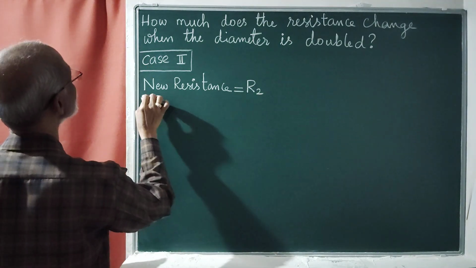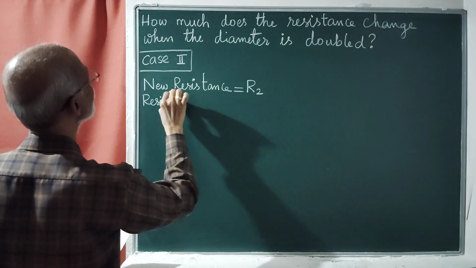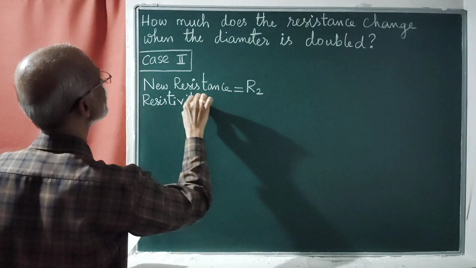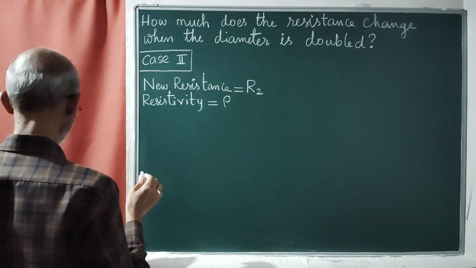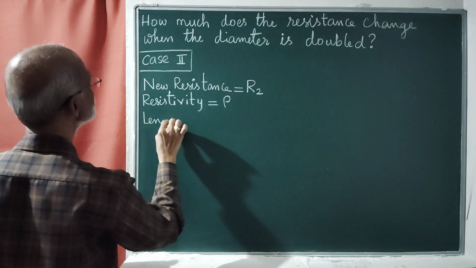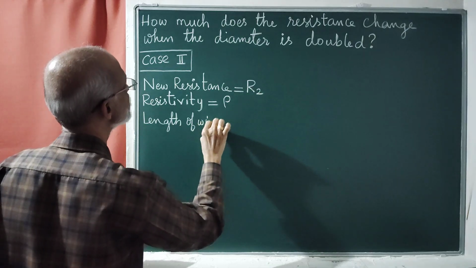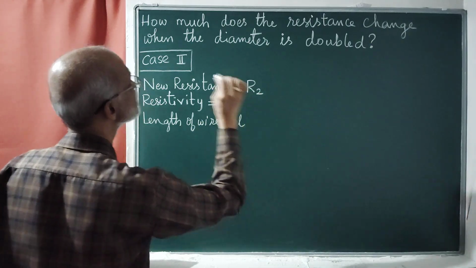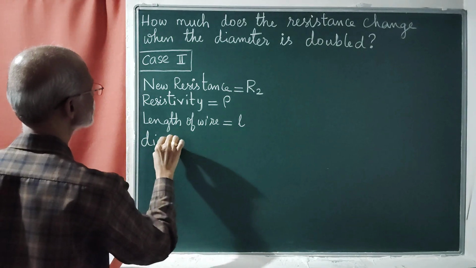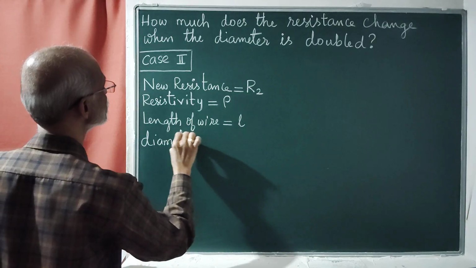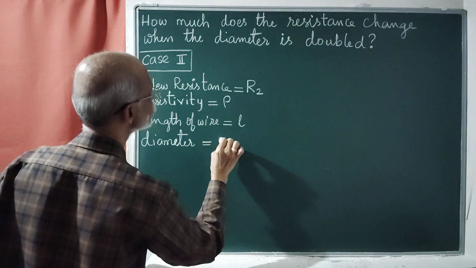Here resistivity is same. Length of wire is same. It is L. Now diameter is doubled. Diameter in case 1 it was D. Diameter is doubled. That is 2D.